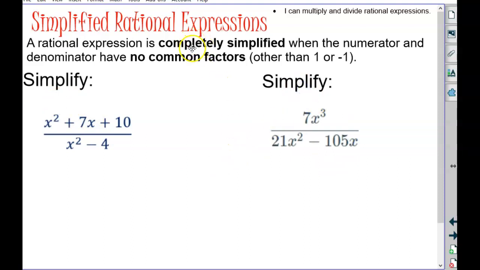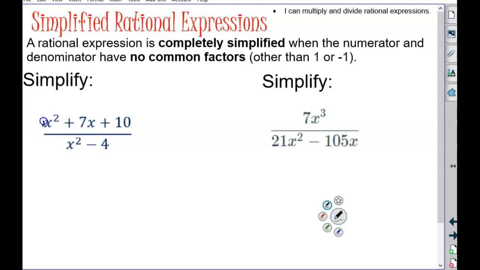So if I'm asked to simplify, and I don't want any common factors on top and on bottom, that means I have to take the expressions that are given and factor them. Just like we did in chapter 4, which you may not have been really strong at when we first learned factoring, but notice how we just keep using it over and over again. A lot of the work today is going to be the box with the circle in it.